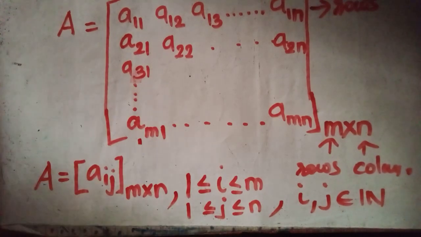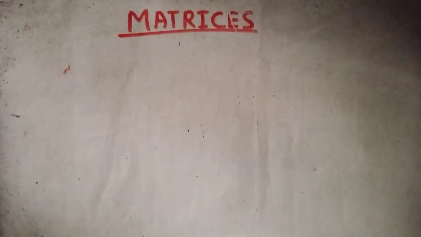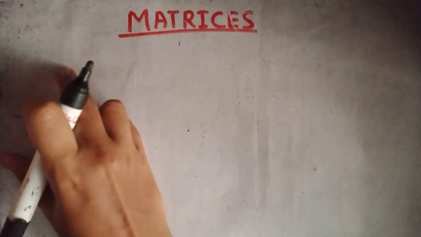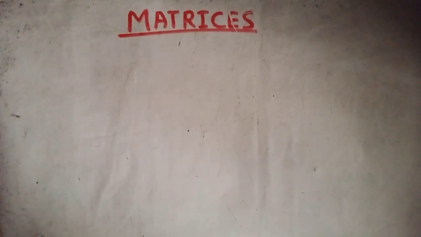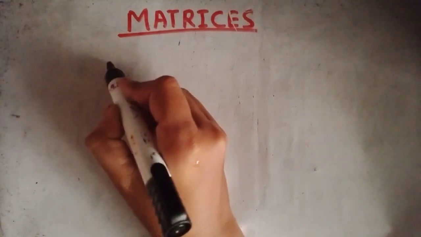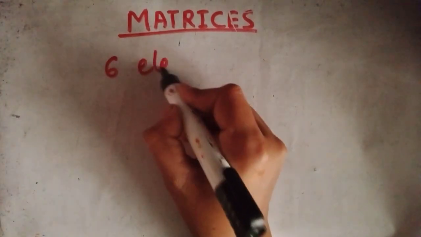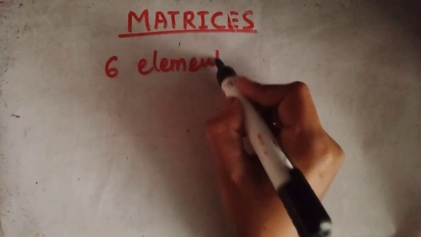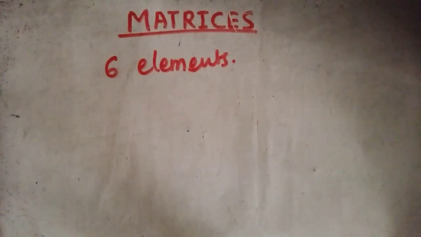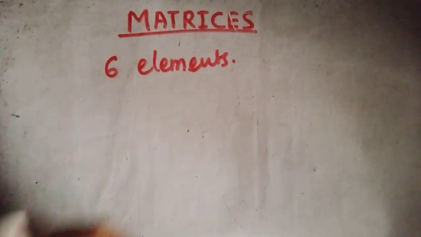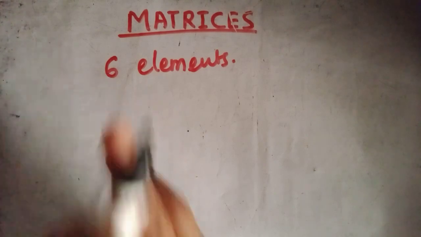Now let's see how many possible orders a matrix with a defined number of elements can have. Suppose a matrix has 6 elements. How many orders can it have? You have to find the factors of 6.